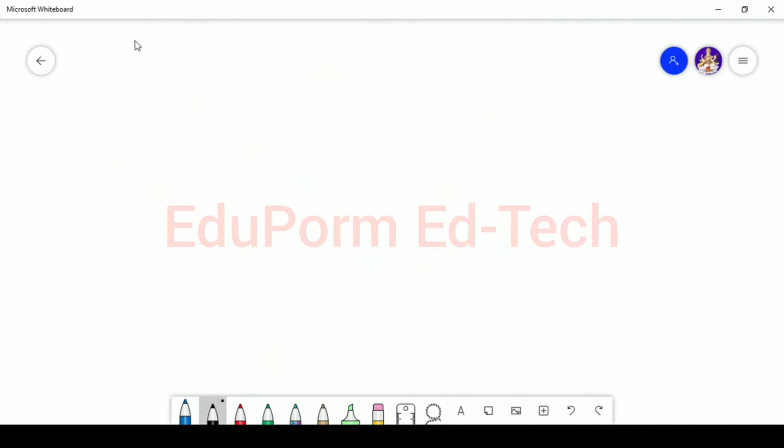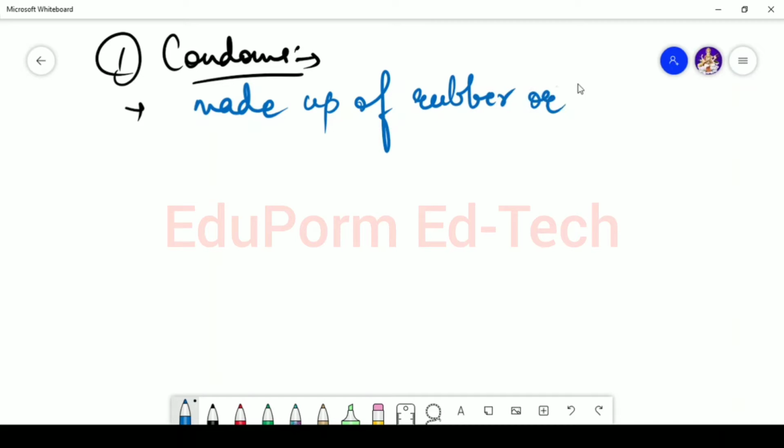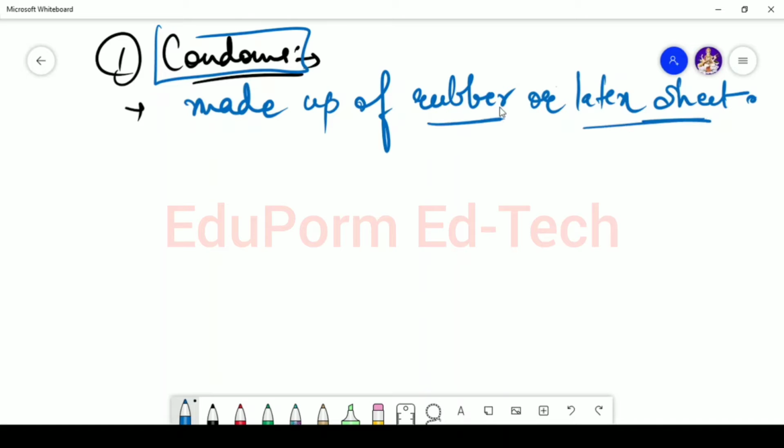Okay. The first method is use of condoms. Now see, this is the barrier. This is a barrier which is made up of rubber or latex sheet.